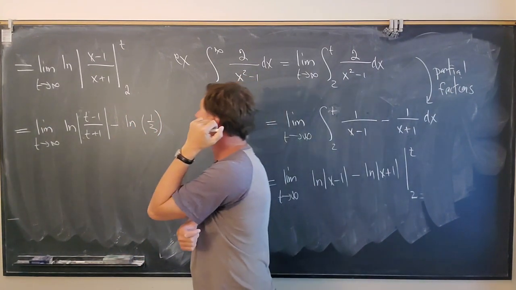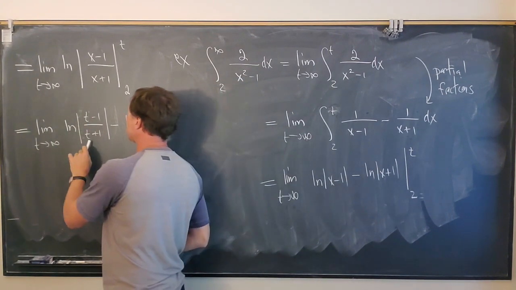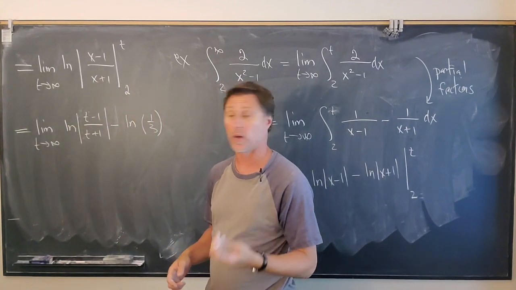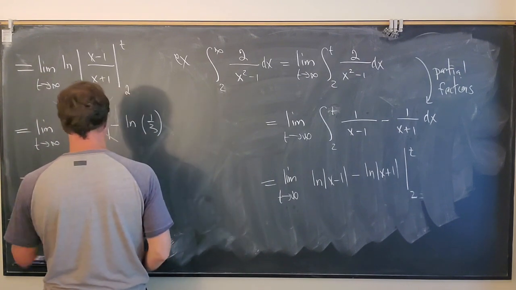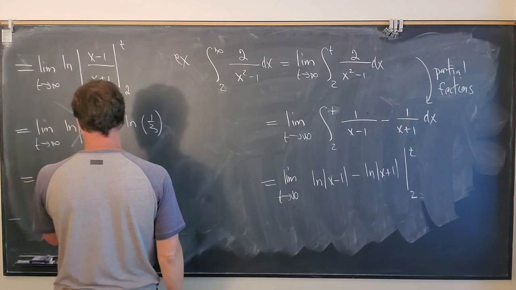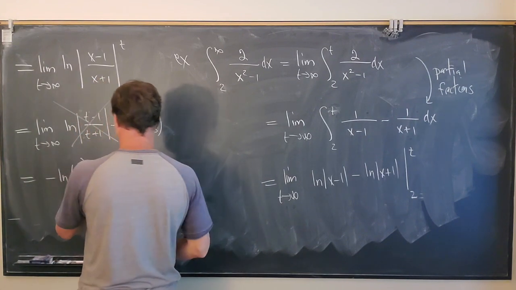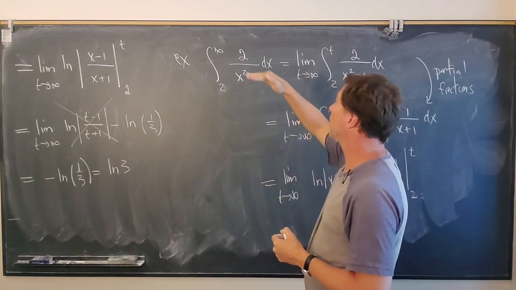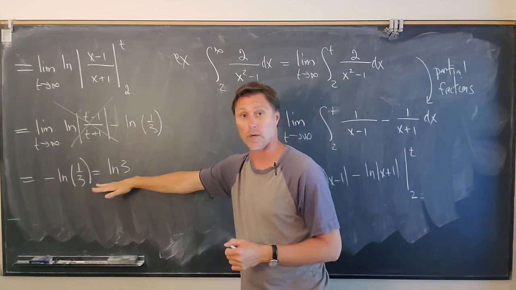Now, as t goes to infinity, the stuff inside the absolute values is approaching 1. So natural log of 1 is 0, and this part is 0. So what we got is negative natural log of 1/3, which is the same as natural log of 3. So conclusion, this integral right here is convergent. It converges to natural log of 3.